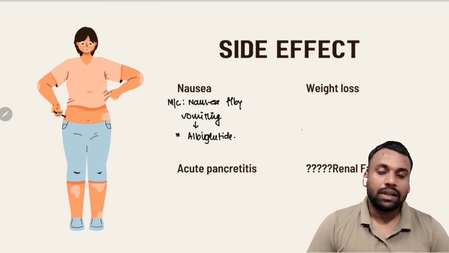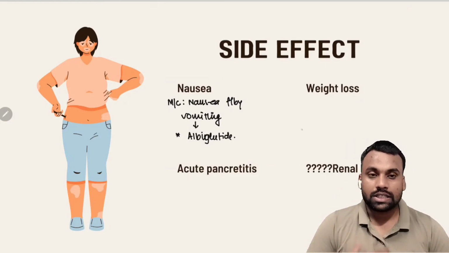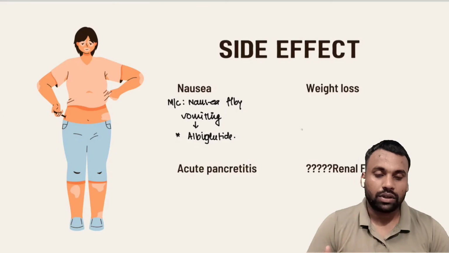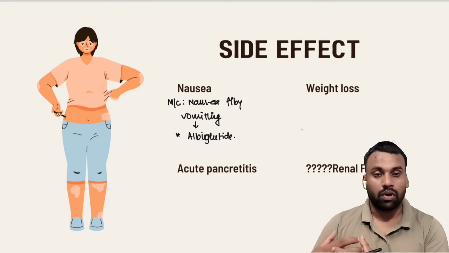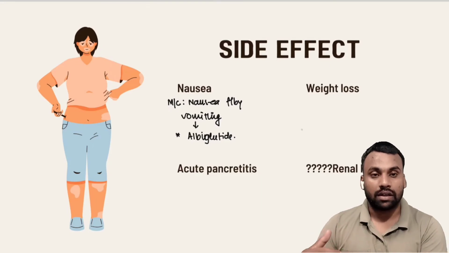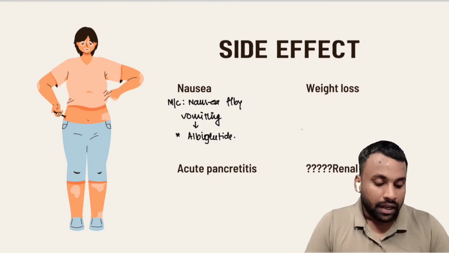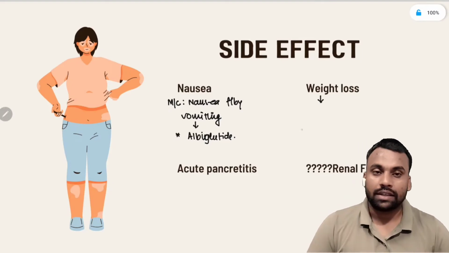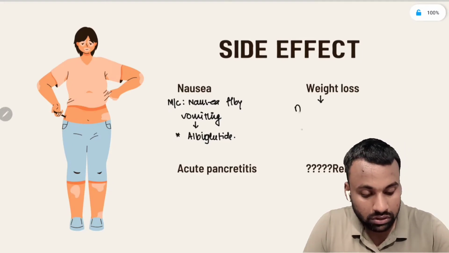Except for albiglutide, the other drugs of this GLP-1 agonist group may precipitate nausea and vomiting, and they may also present as weight loss due to what?